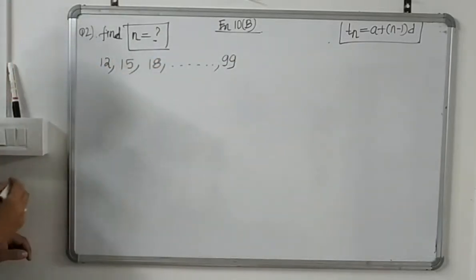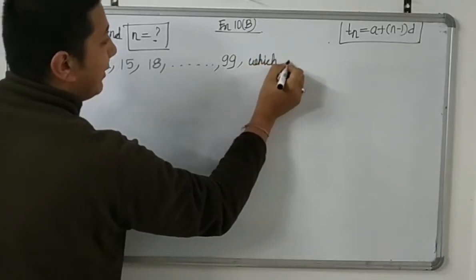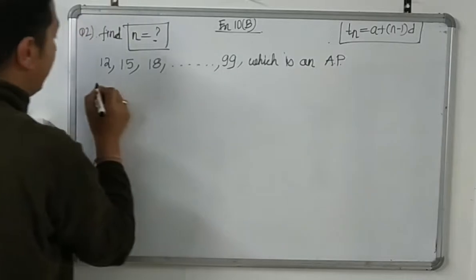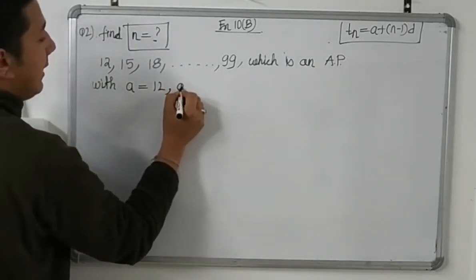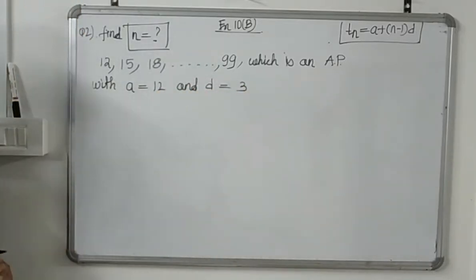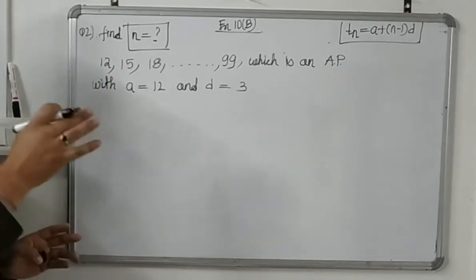This is in AP, right? Which is an AP, okay, with the first term as 12 and common difference as how much? 3, isn't it? Now we need to find how many 2-digit numbers are divisible by 3.